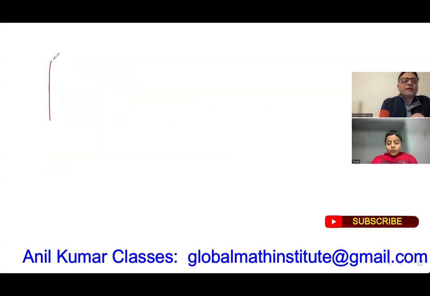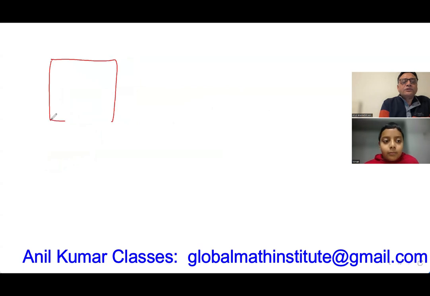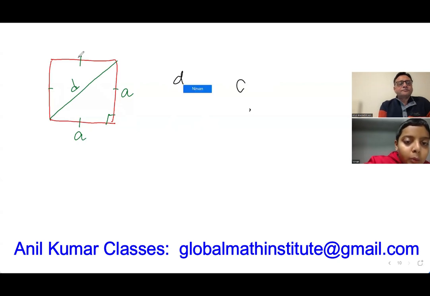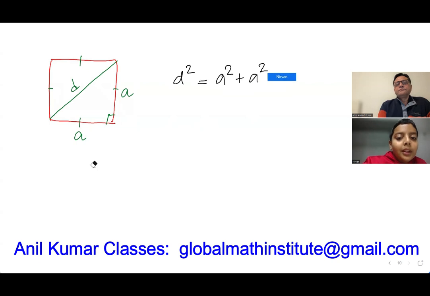Now, let's do a general case. I'm again taking a square, and instead of writing a number, I'm writing just A. Each side is equal to A. In that case, tell me what should be the length of the diagonal D. We know that D square equals A square plus A square, which is 2A square.